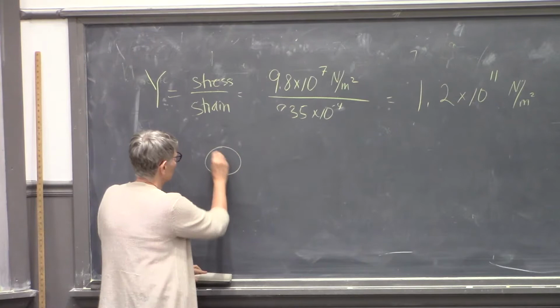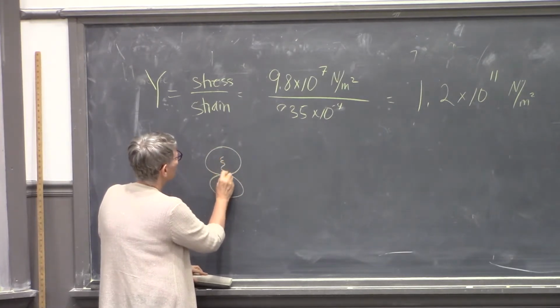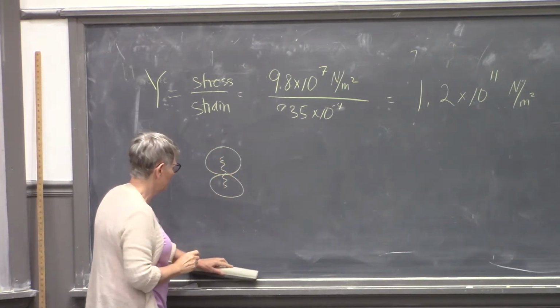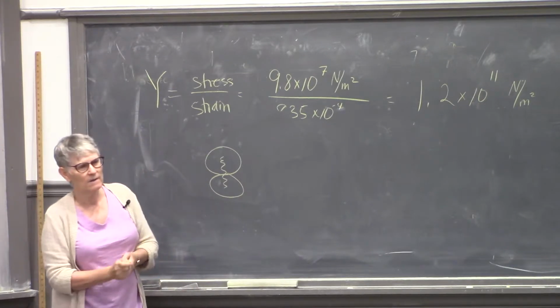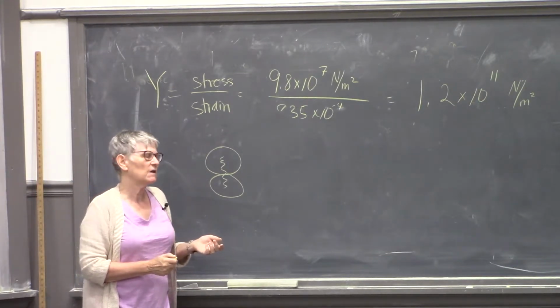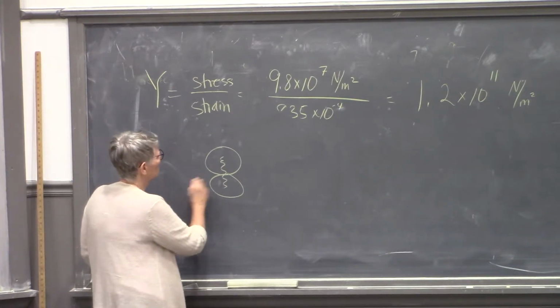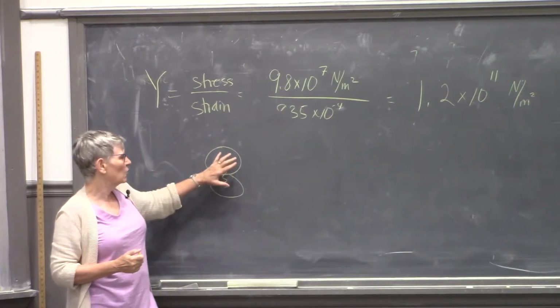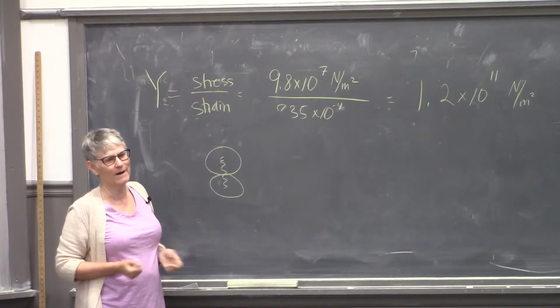Suppose we just consider our two atoms and one bond, and we say, how would we calculate Young's modulus for this one atomic bond long wire?